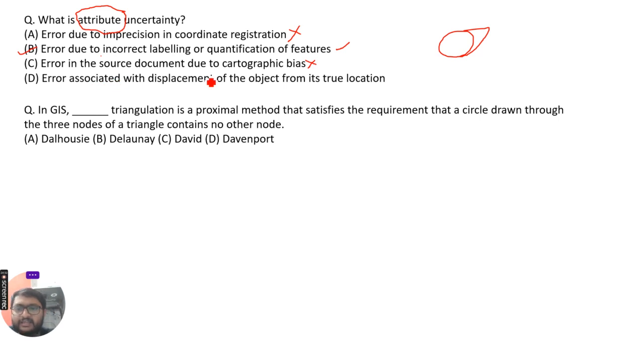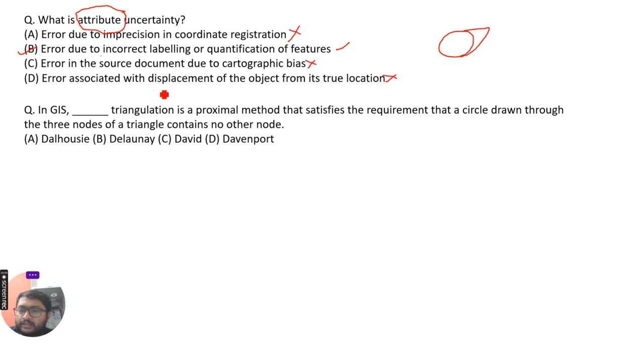Then we have error associated with the displacement of the object from its true location. It is related to location and displacement, so it also comes under geometric uncertainty. So the other three are more related to geometry or location uncertainty rather than attribute uncertainty. Is it clear?